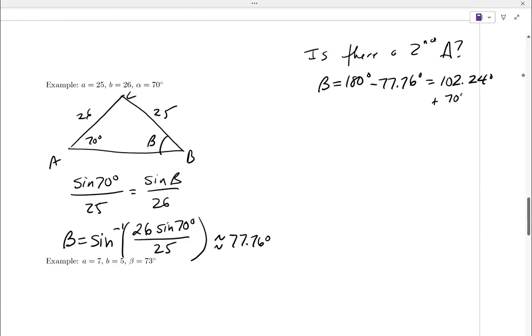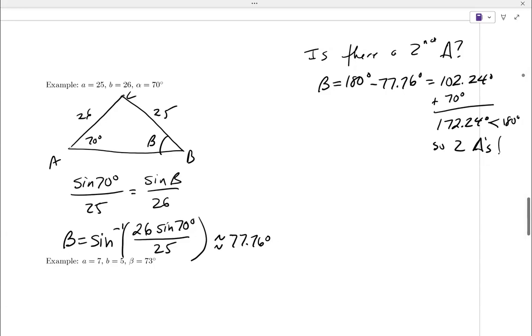Add the angle you're given, which was 70, right? We get 172.24-ish. Is that okay? Can 2 angles in a triangle add up to 172? Sure, it's less than 180, right? As long as this sum is less than 180, there's a second triangle. We found the other one, okay?